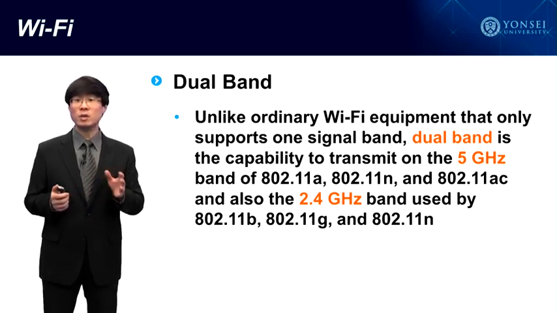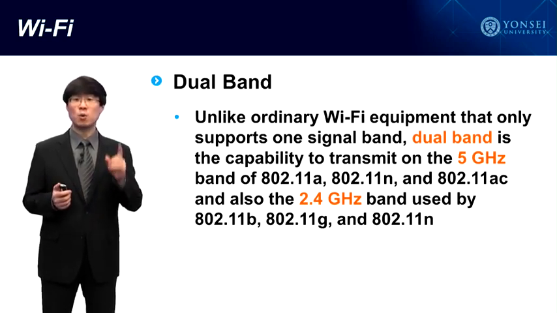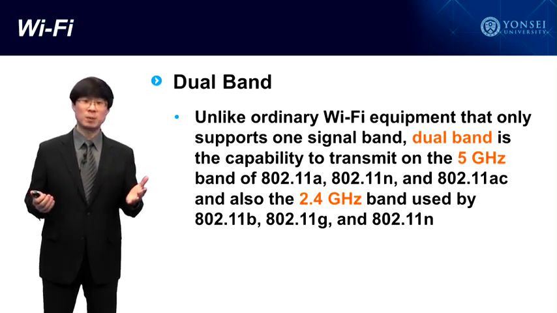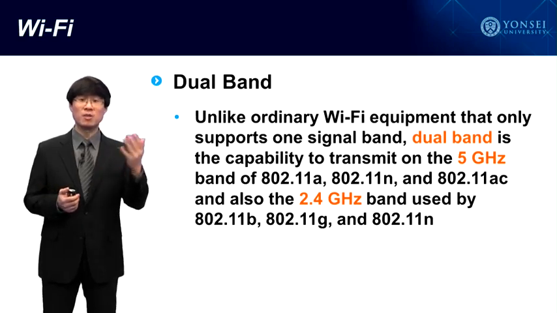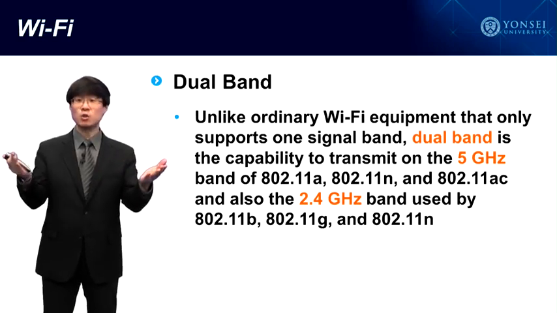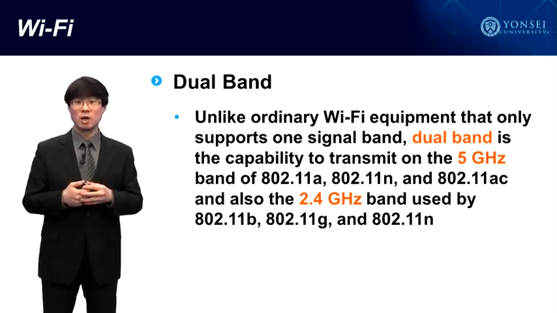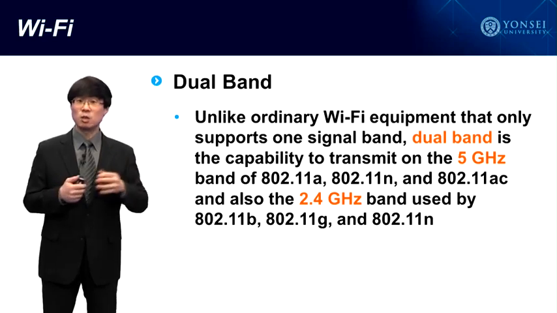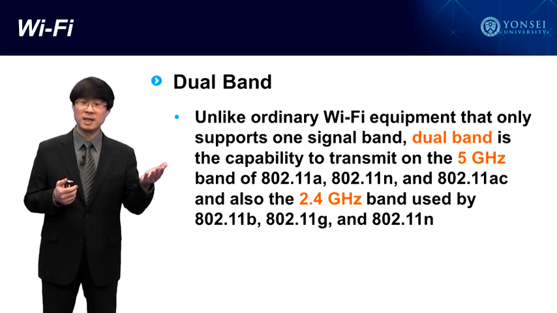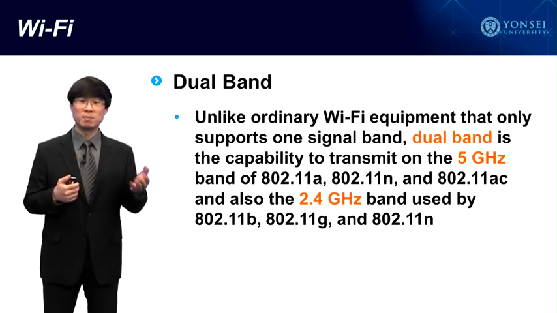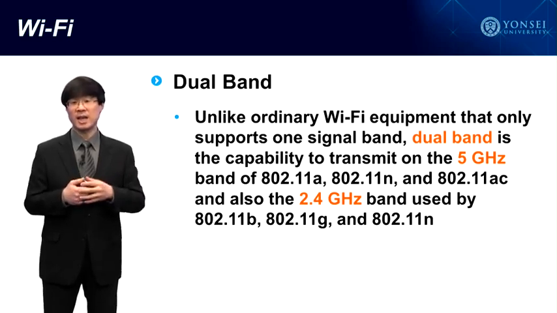Now, there's another technology called dual band. Unlike ordinary Wi-Fi equipment that only supports using one single band at a time, dual band has the capability to transmit on both the 5 gigahertz and the 2.4 gigahertz band simultaneously. So, in other words, in the 5 gigahertz band, you can be using 802.11a, 11n, 11ac, and in the 2.4 gigahertz band, you could be using 11b, 11g, and 11n.